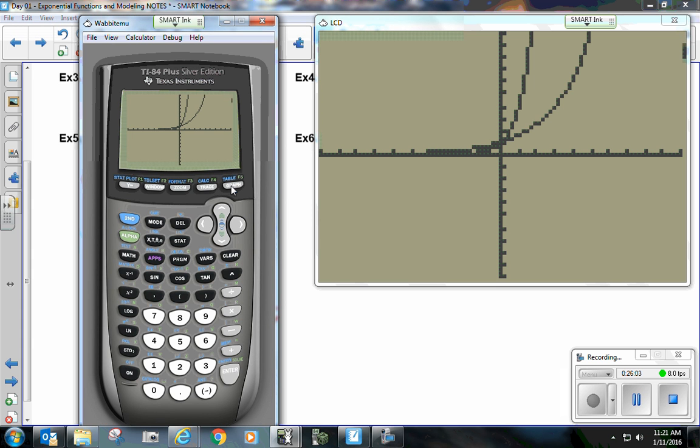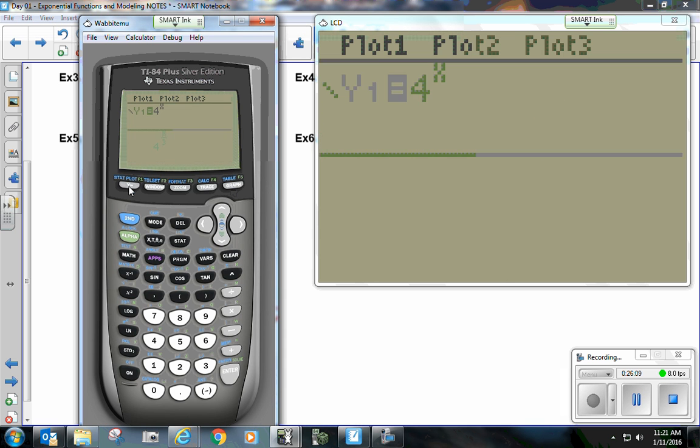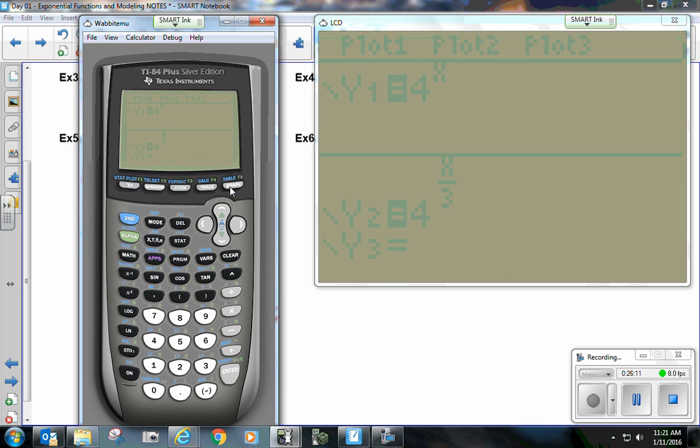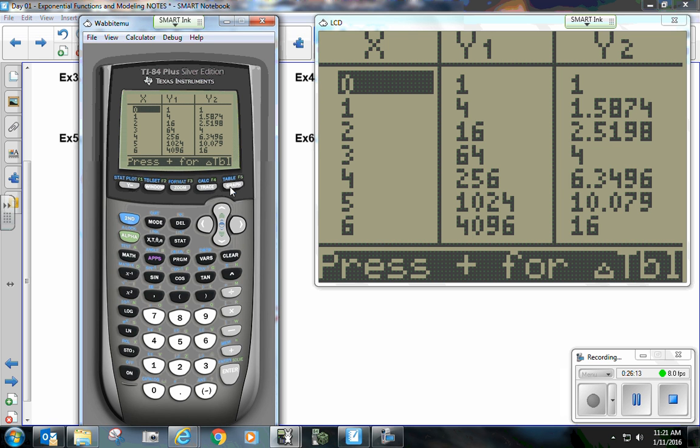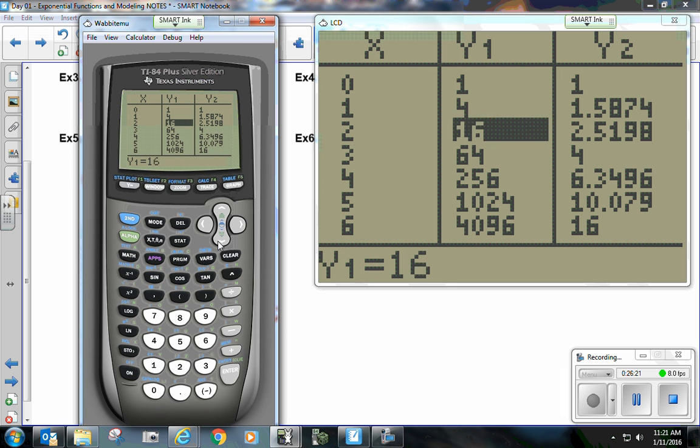That's right. It increases, the rate goes up by like a third because you're dividing the exponent by 3. So we know that our first one goes up by 4 every time.